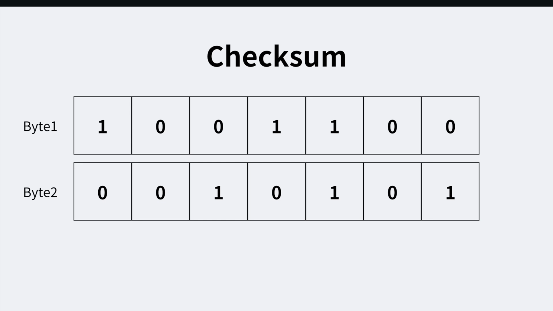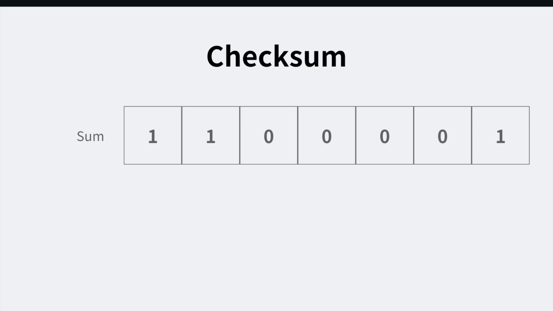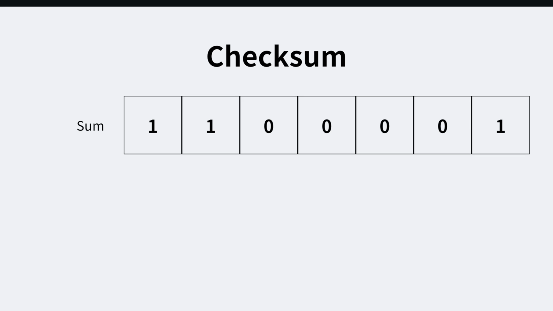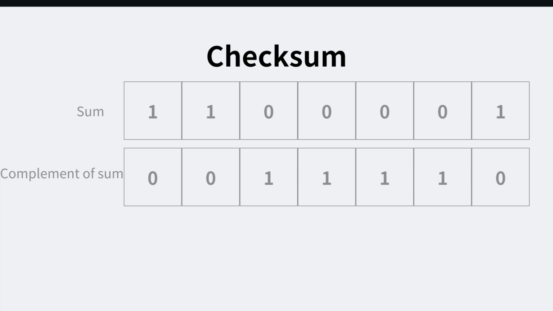Then we can get the sum of byte 1 and byte 2. Okay, the next step is to calculate the complement of the sum. And after doing this, we can send the data.